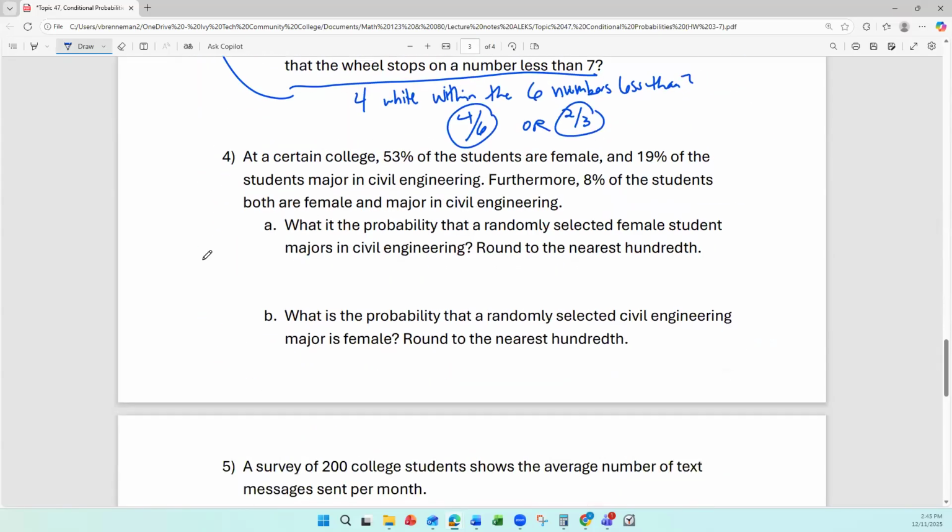Okay, next example, we have at a college, 53% of the students are female. So if this is all of the students, a little over half are female.